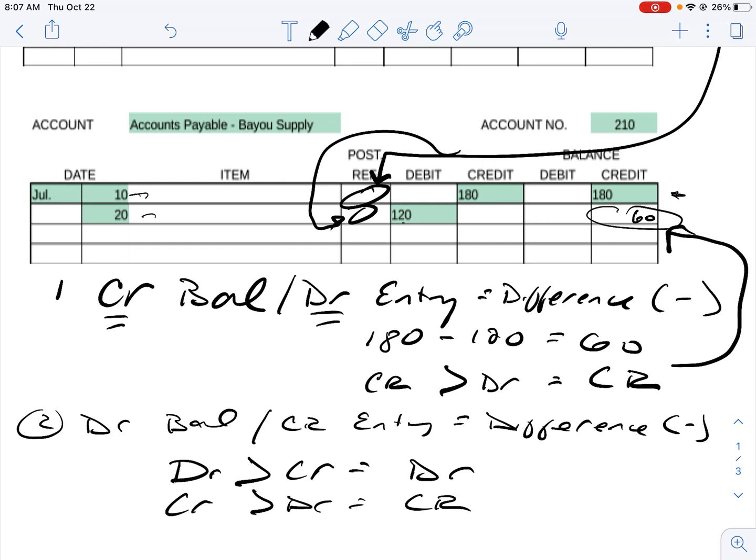It sits on the right-hand side of the accounting equation, and the right-hand side has a normal balance of a credit. Liabilities have a normal balance of a credit. So we are going to have a normal balance of a credit. If we were to have a debit balance in a liability account, that pretty much means that we have overpaid.